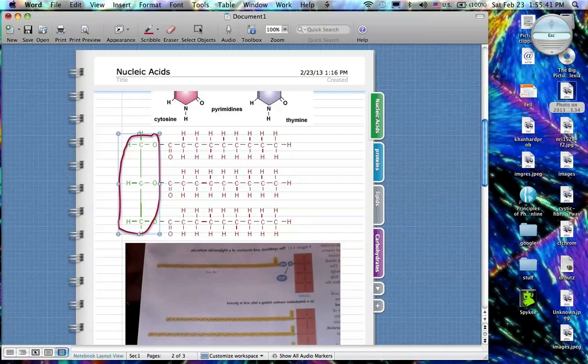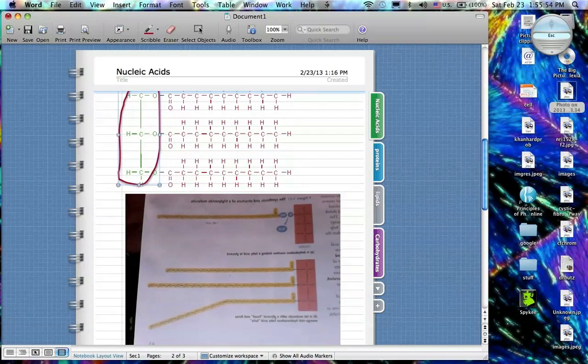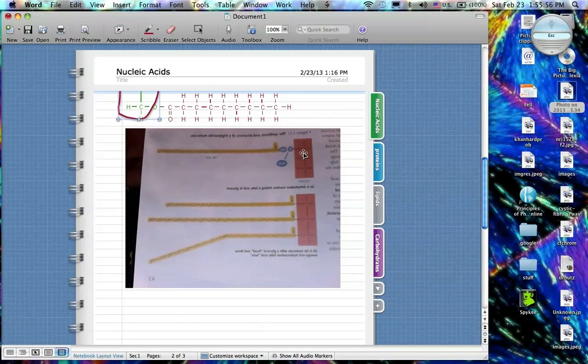Now, you've probably heard of the term saturated fat and unsaturated fat and where that comes from. That comes from having all of the possible hydrogens that exist. Now, let me say that again.